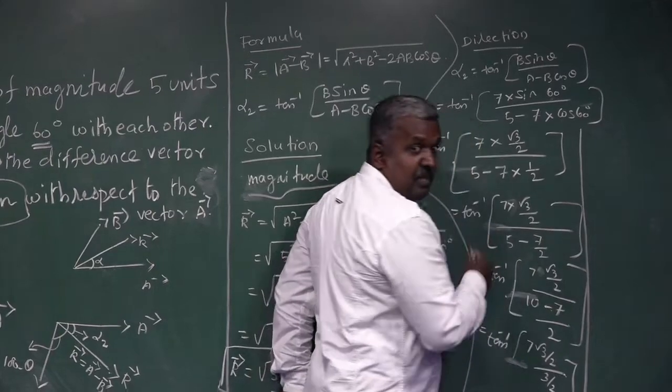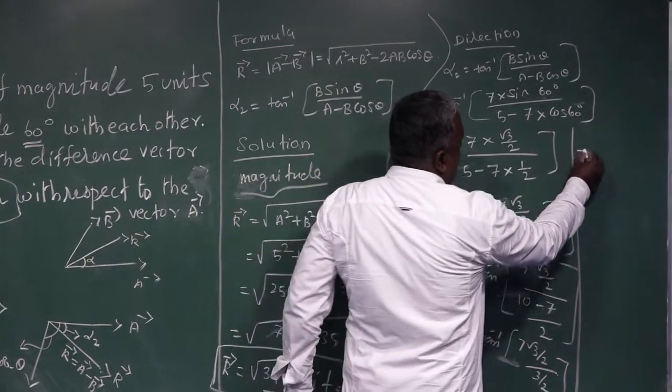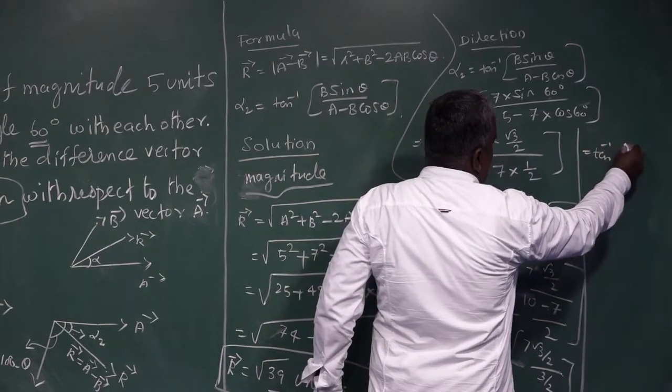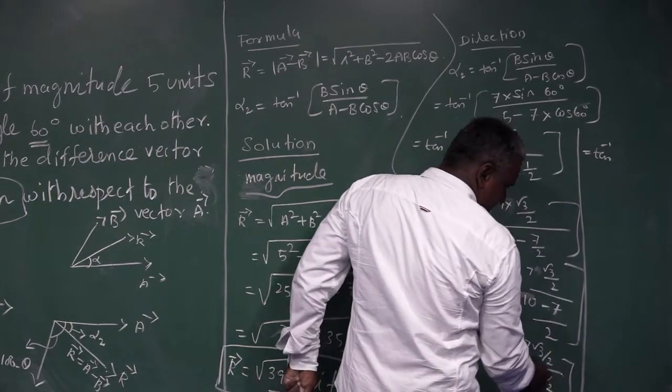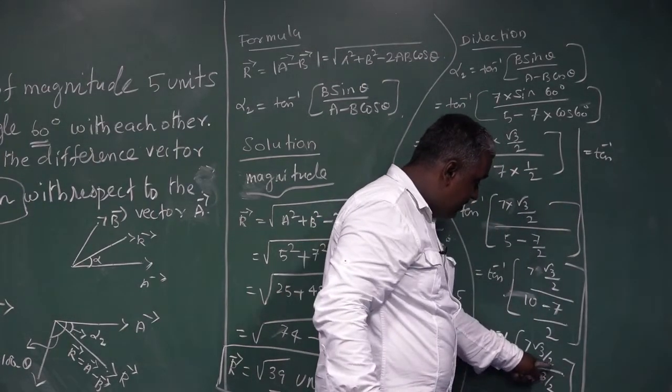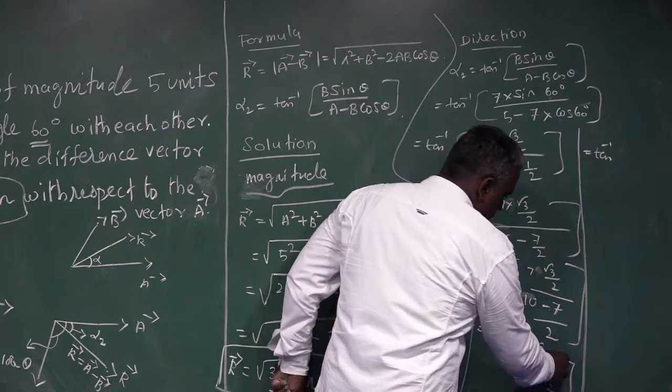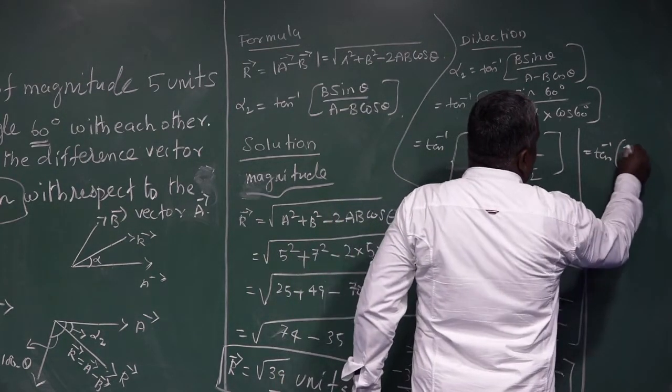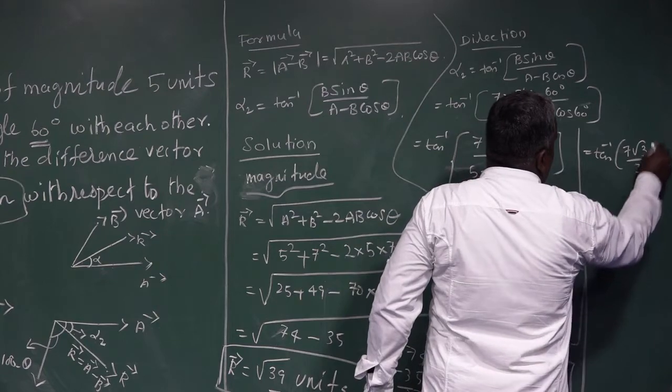Directly we can cancel the 2. So 7 into root 3 by 3.